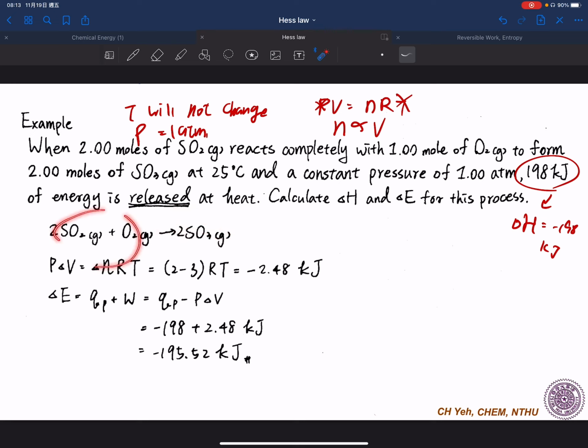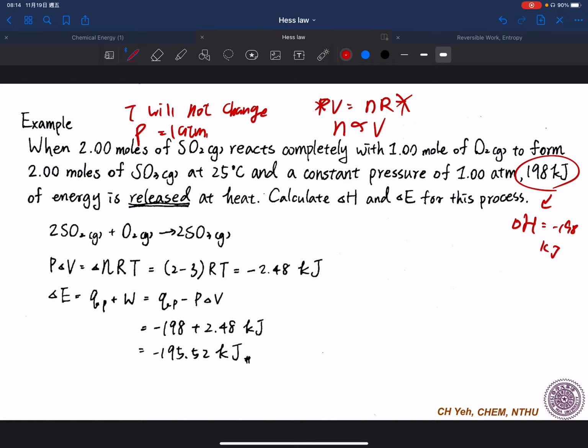So we have 3 moles of gas and then 2 moles of gas, a decrease in the moles of gas. When there is a decrease in moles of gas, there should be a decrease in volume as well.